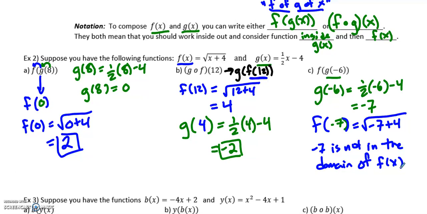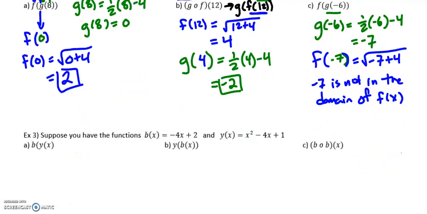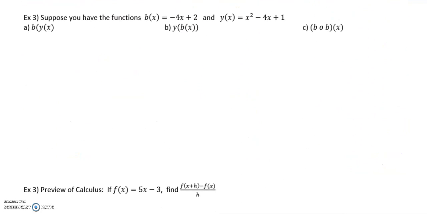So there we go, just looking numerically at how I do this. I plug the innermost number into the first function and then work my way toward the outside. If I look down here with two new functions, I have b of x and I have y of x. I need to go through and figure out what b of y of x is. So my first goal is to replace y of x with its definition.